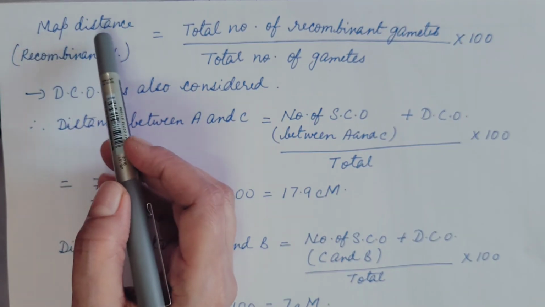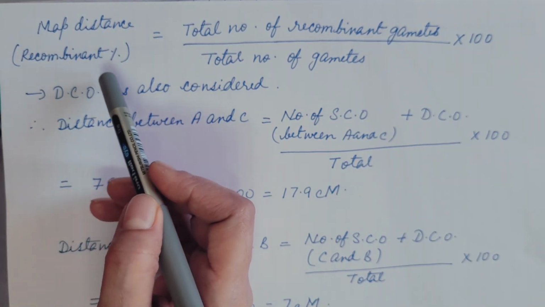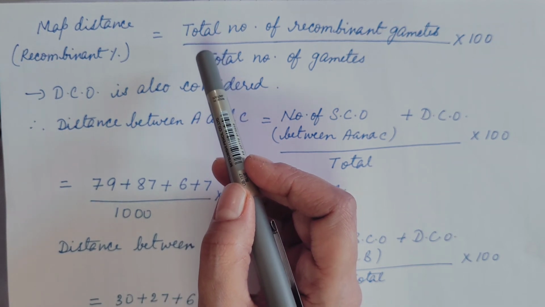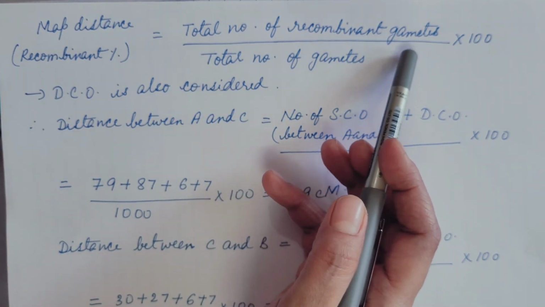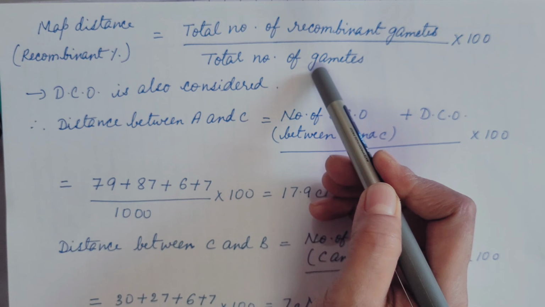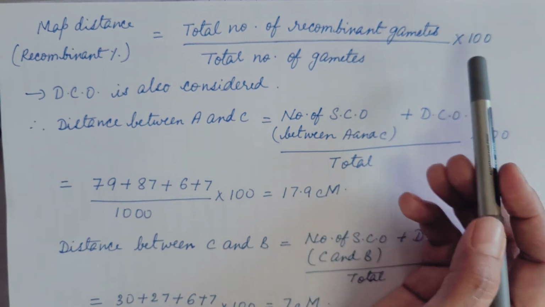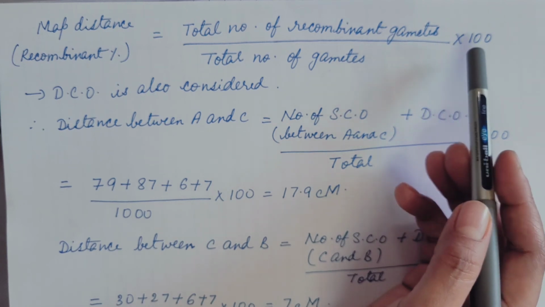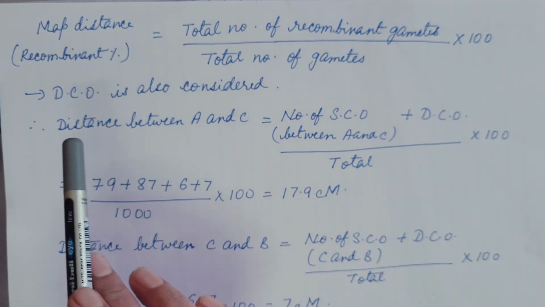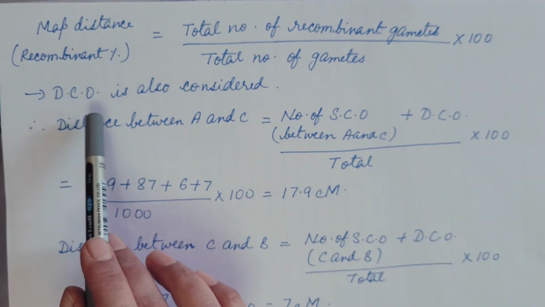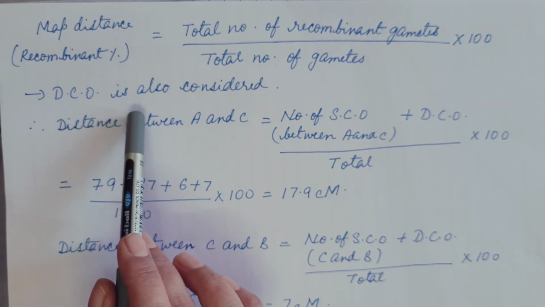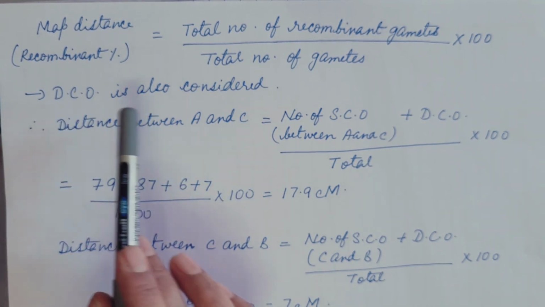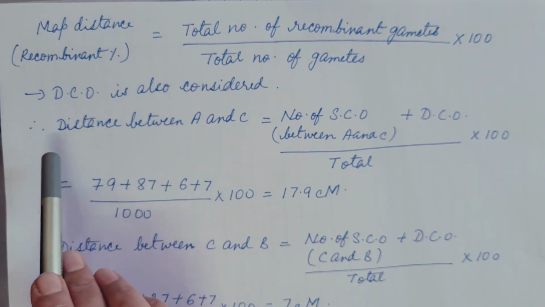To calculate the map distance, or the recombinant percent, the formula is the same as in gene mapping in a 2-point cross, but here the double crossover is also considered.